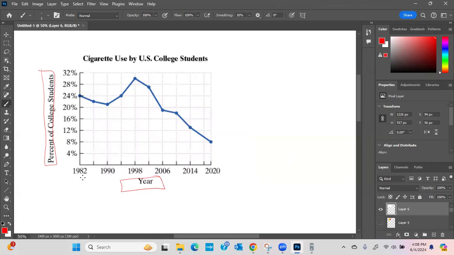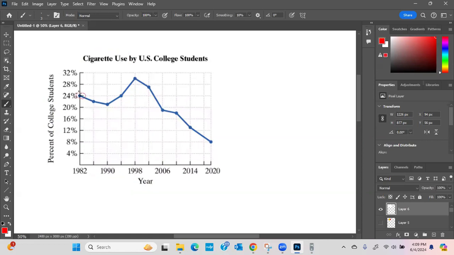So on the bottom, we've got years. 1982, 1990, 98, 2006, 2014, etc. On the vertical axis, the vertical line on the left, we've got percent of college students. So how many college students, and based on the title, how many are using cigarettes? Notice from 82 to 90, it dropped from 24%.